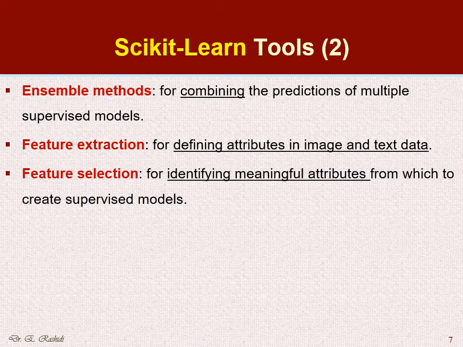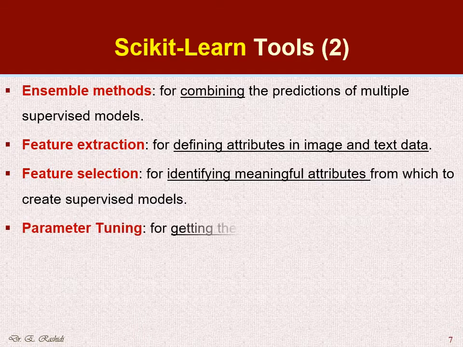The other tool is feature selection for identifying meaningful attributes in a set of data from which we can create supervised models. Parameter tuning is the other tool provided by Scikit-Learn, which is for optimizing the behavior of your supervised model to make it more efficient, more productive, and more accurate.